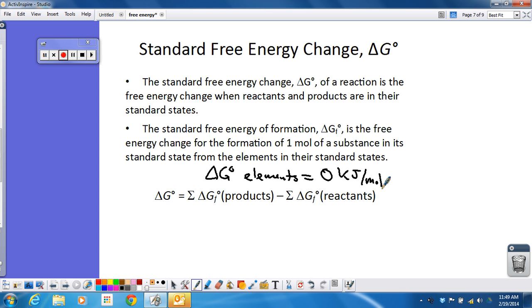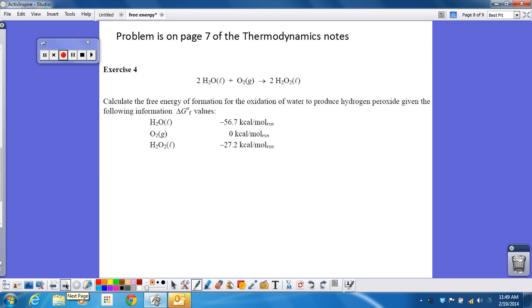How you determine how to calculate delta G, just like calculating delta H, depends on what information you're given. Here I have a table of delta G values, so I can use those values to calculate the delta G for the reaction. So delta G equals the delta G of the products, which would be 2 times negative 27.2, minus 2 times negative 56.7, and the delta G of formation of O2 is 0.